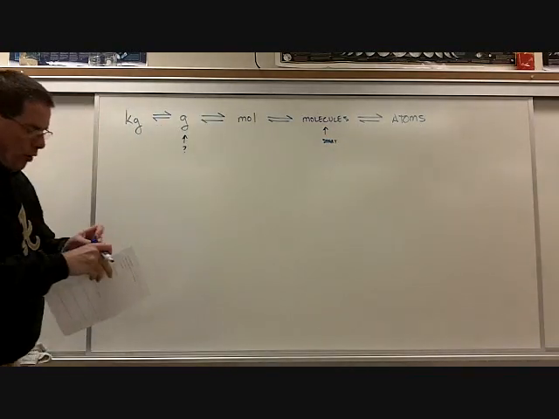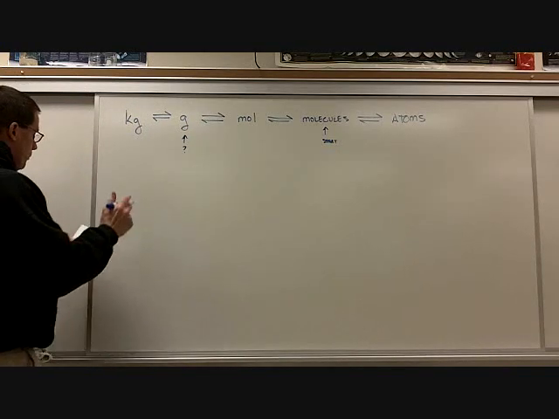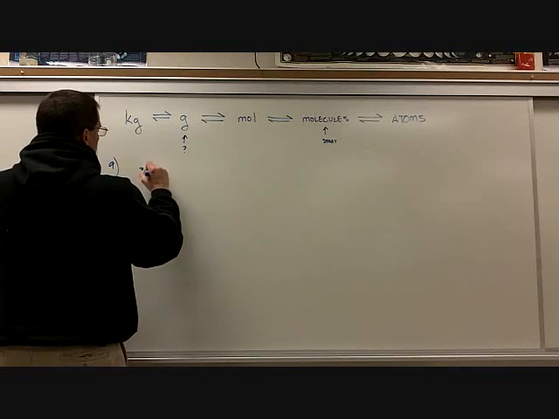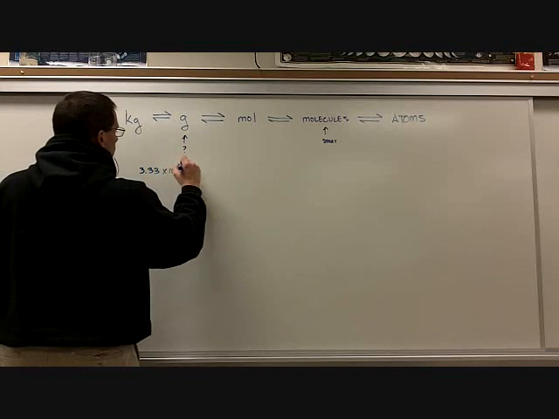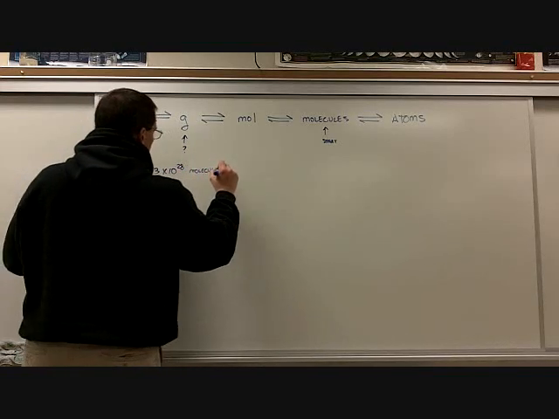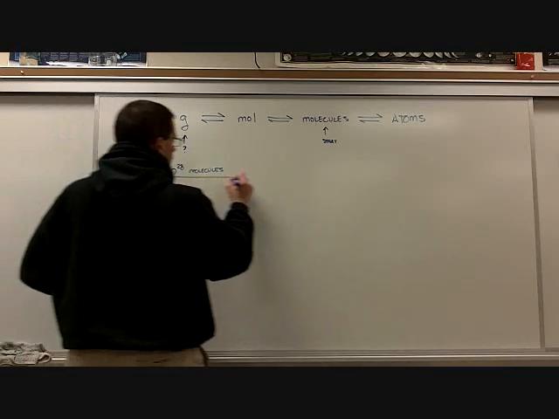So again, make sure that we follow the correct sequence, and this is a reverse direction, so it's okay. So number 9, we have 3.33 times 10 to the 28 molecules. And this is of chromium 3 iodate. We'll get to that here in a second.